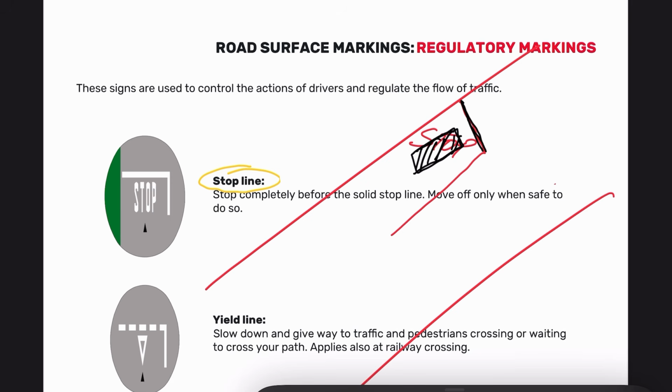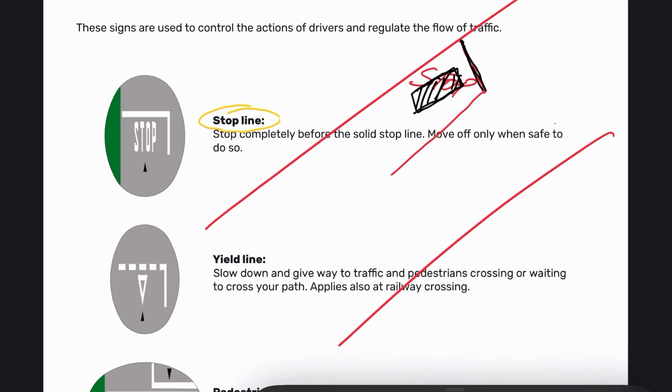A lot of people are confused. They maybe don't know the difference between the stop sign and the yield sign. But the difference is very easy. The stop sign has that octagon shape, written stop.